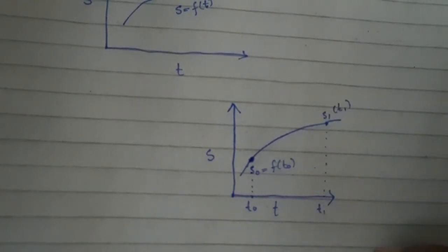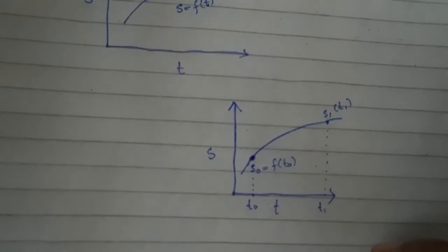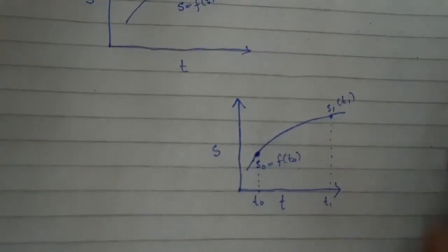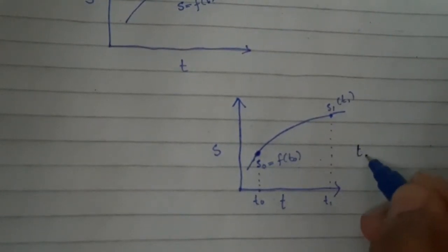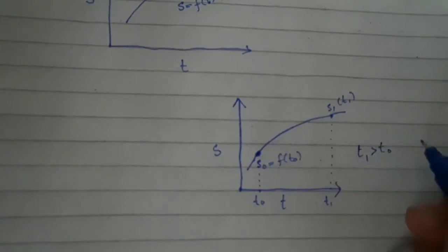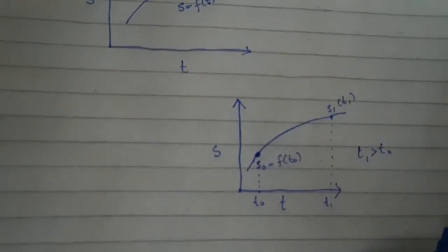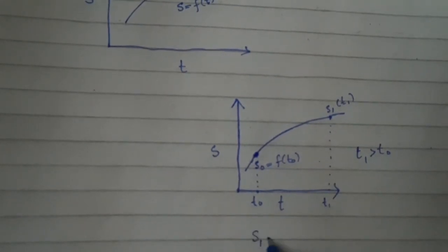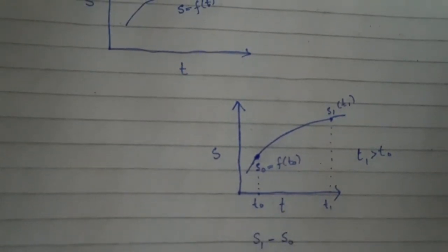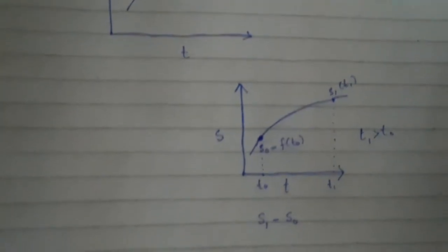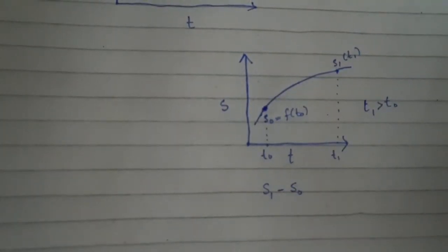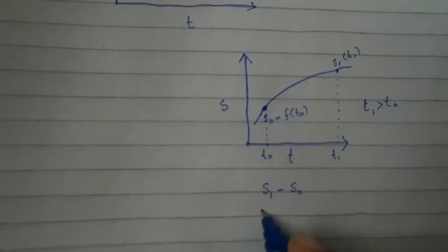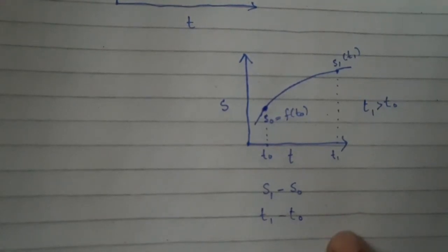And here we have to remember that our t1 is greater than t0, right? Then the distance traveled during the time interval is s1 minus s0, and the time interval is t1 minus t0.